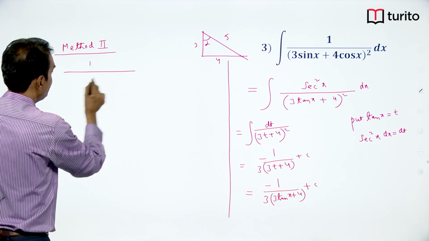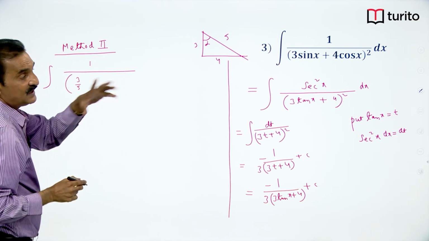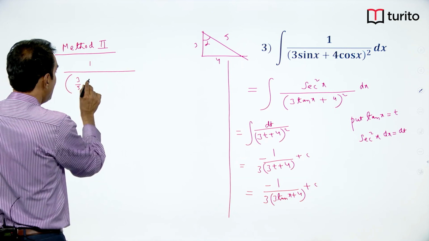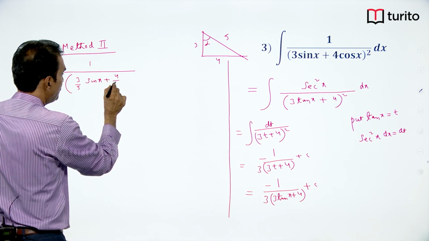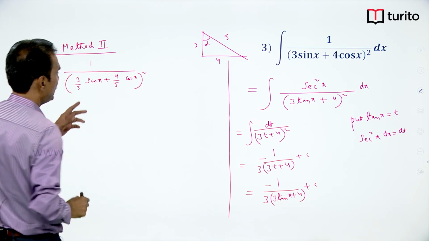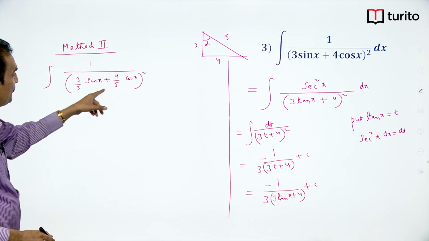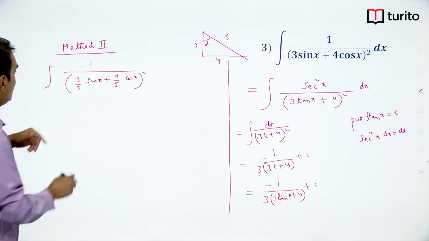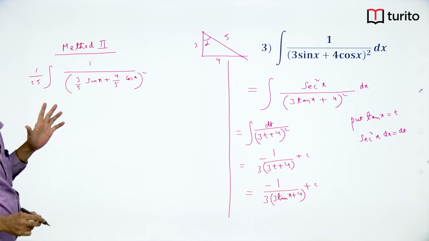1 by, I will write 3 sin x plus 4 cos x as (3 by 5 sin x plus 4 by 5 cos x) whole square. That means I have divided the denominator by 5 square, 25. So, I should write 1 by 25 here.